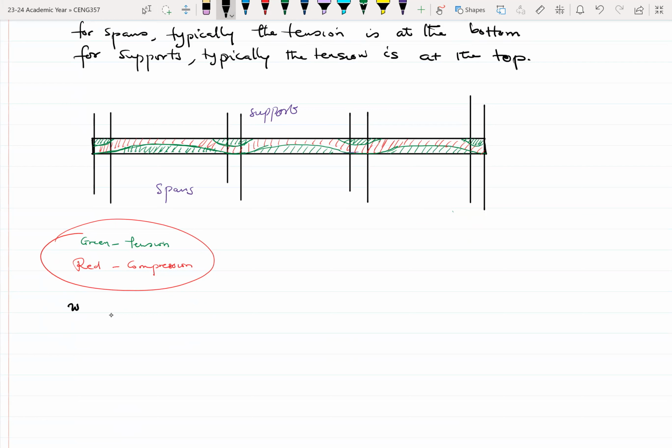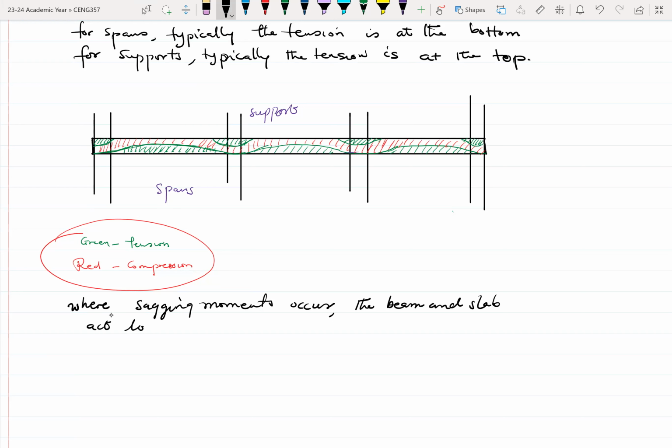Where sagging moments occur, we can take this option that the beam and slab act together.